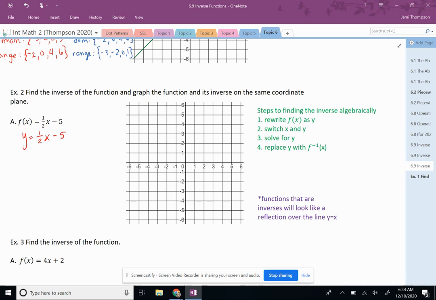So I'm going to literally transpose them. Where there was a y, I'm going to write an x, and where there was an x, I'm going to write a y. Then solve for y. So remember, solving for y, I'm going to use order of operations. So to get y by itself, I'm going to add 5 first.